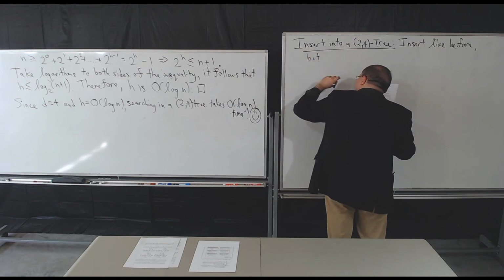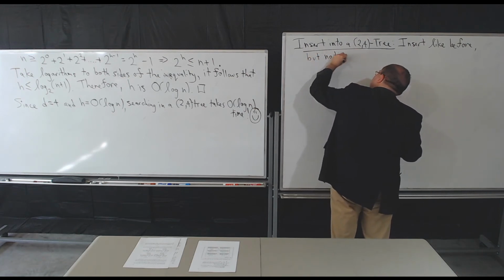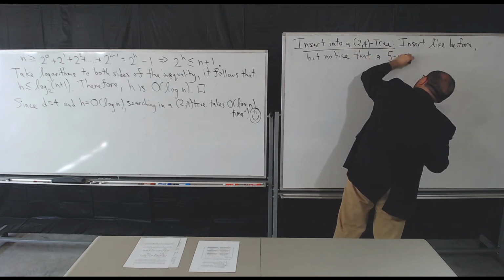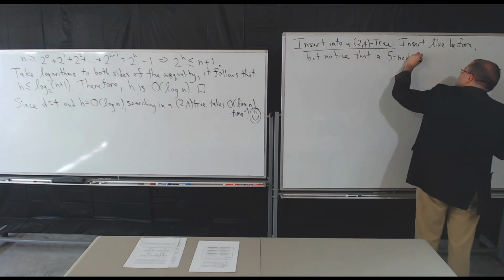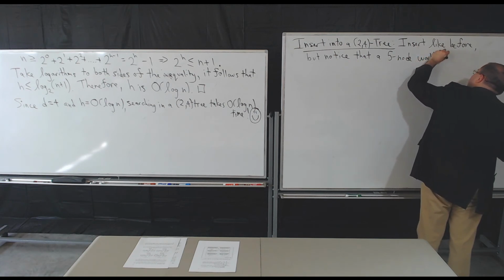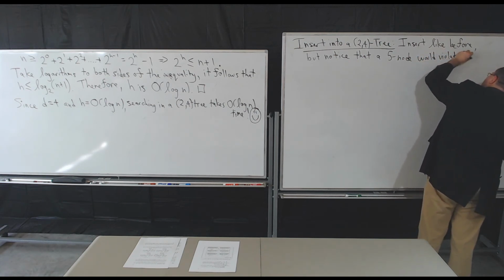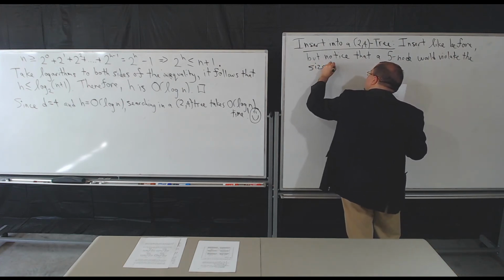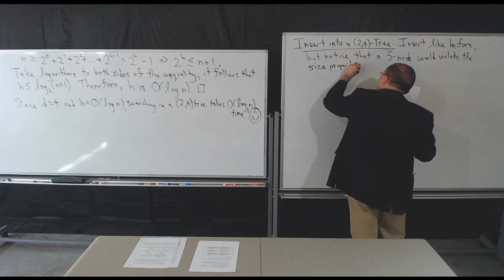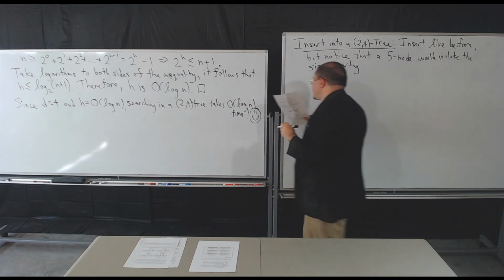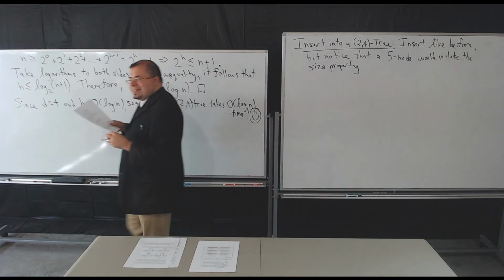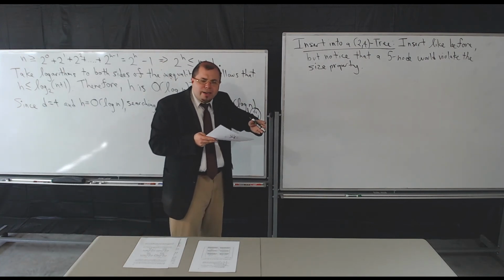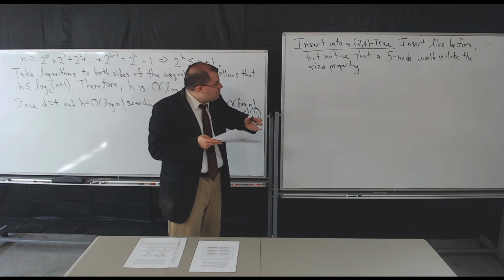but notice that a 5 node, so that's a node with 5 children, would violate the size property, right? So when does that happen? When can I possibly get a node that gets too wide, when it gets too fat?